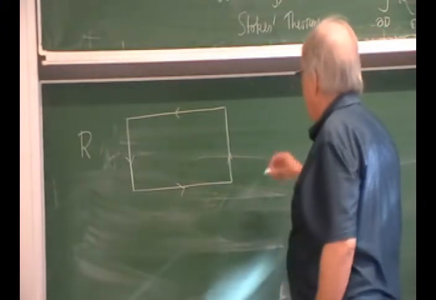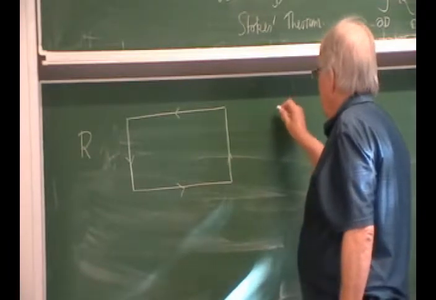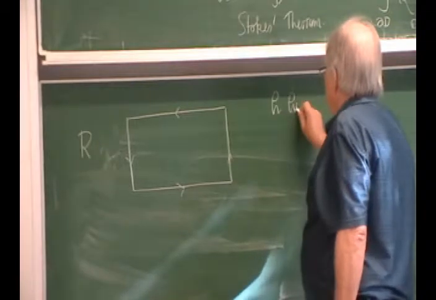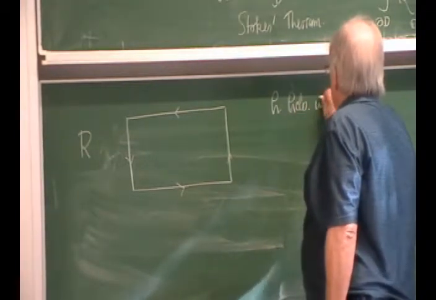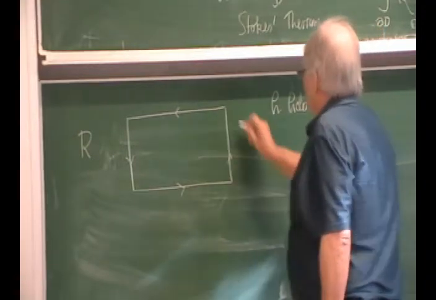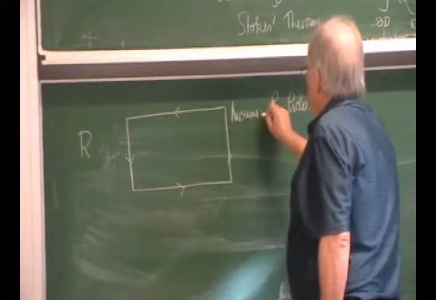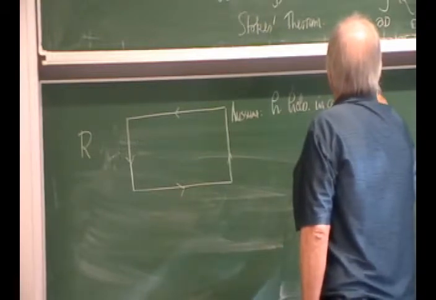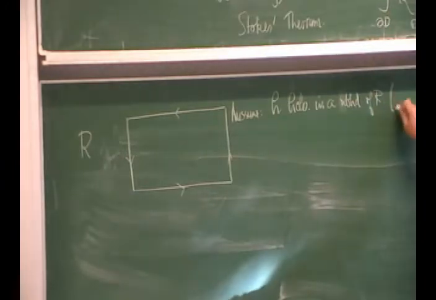And we have this thing H, which is holomorphic in the neighborhood of R. That's our assumption. So in particular, continuous.